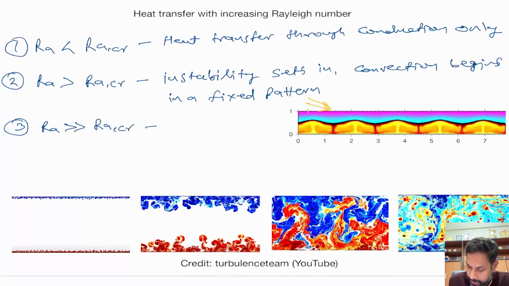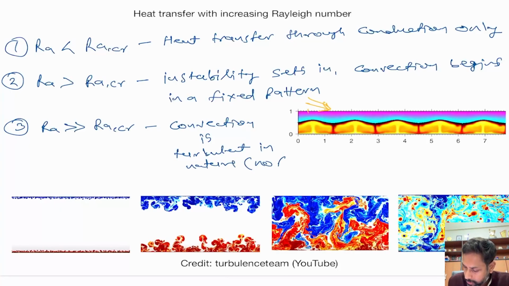In that case, the flow becomes convection is turbulent in nature, and no fixed pattern is found.